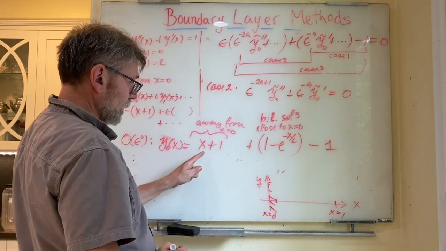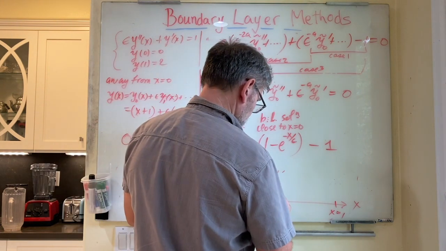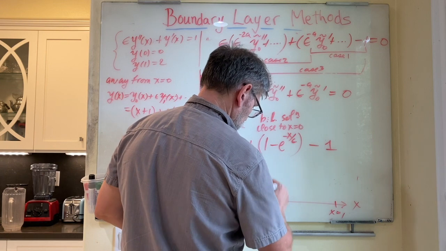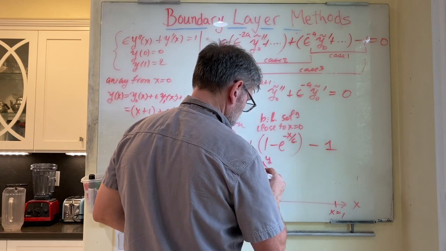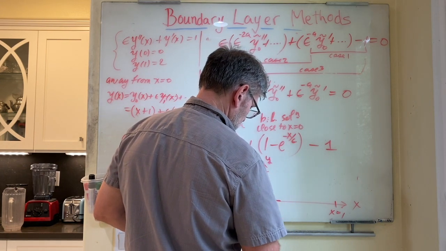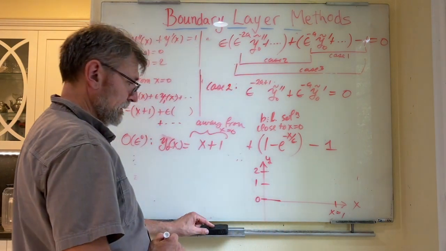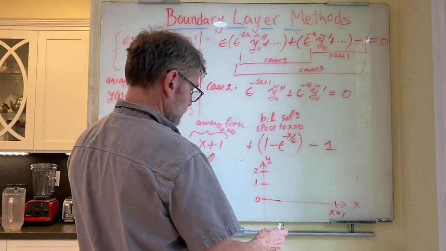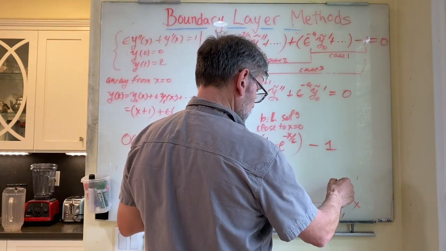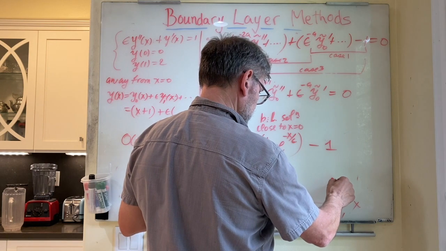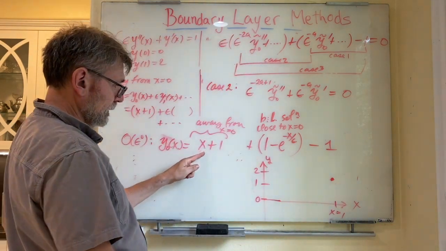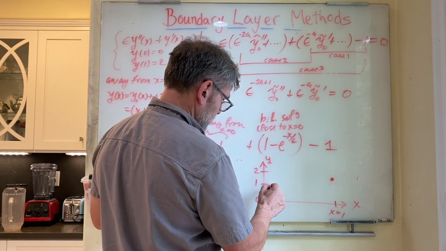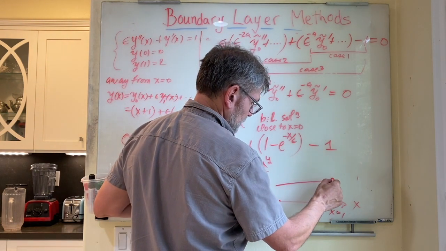And so at x equals 1, this starts at 2, so if this is 1, over here this x plus 1 becomes 2. And then it decreases from x equals 1 toward 0, something like this.